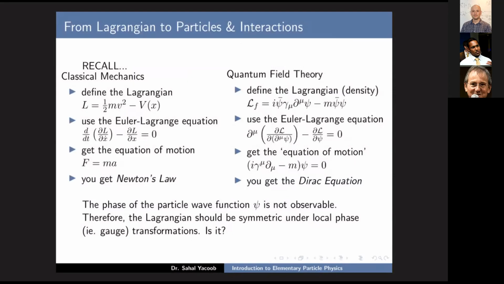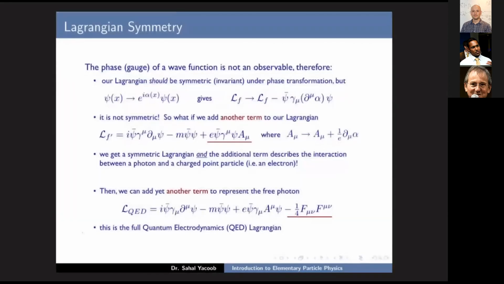Right, so I think I was here. I lost my flow a little bit. Okay, yeah, on this slide, we have our Lagrangian density, and from our Lagrangian density, we get our equation of motion, which is the Dirac equation.